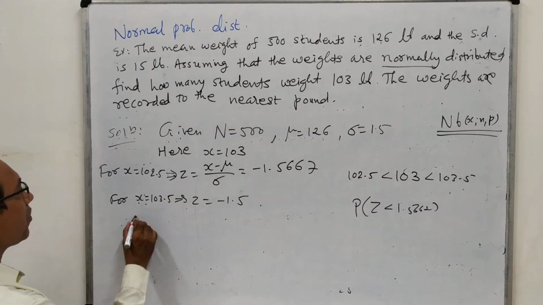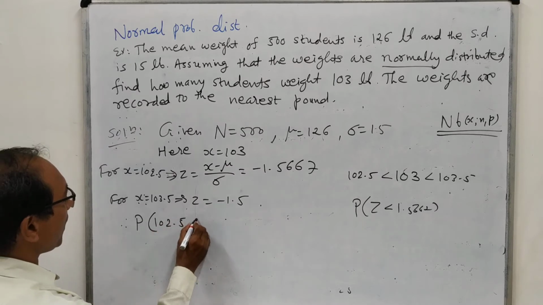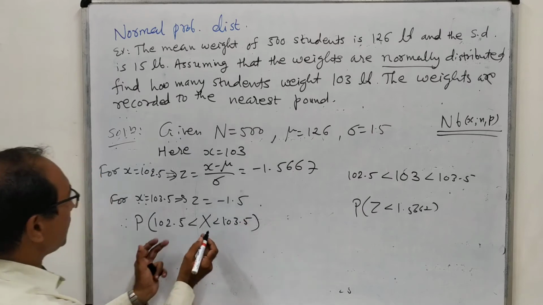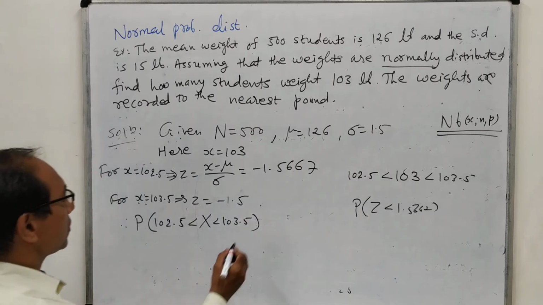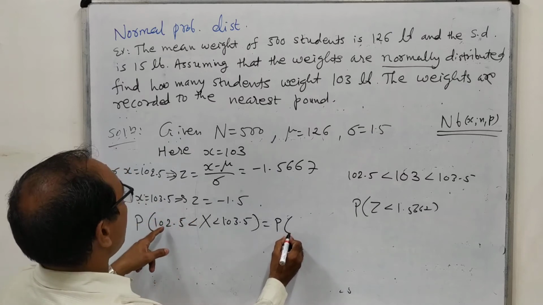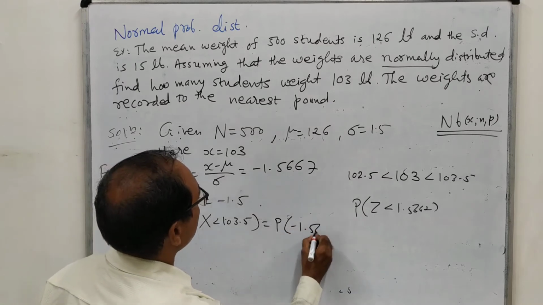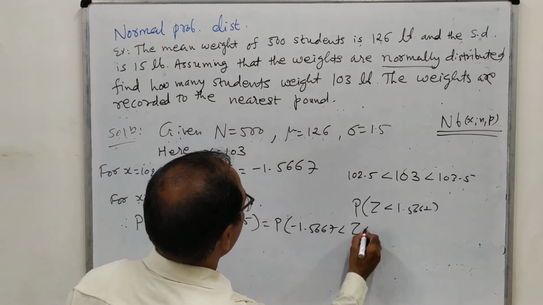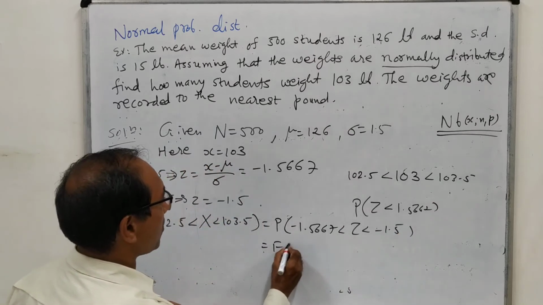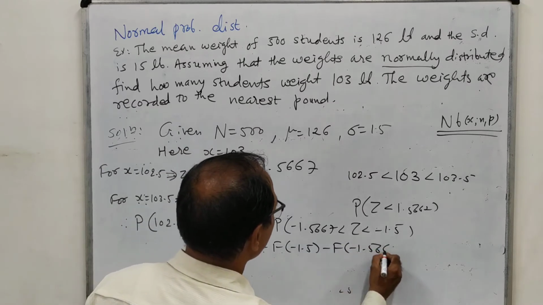So we want to find out the probability for 102.5 less than capital X less than 103.5. So 103 lies between these two. So this is nothing but the probability of, at 102.5, this is minus 1.5667 less than Z less than minus 1.5. So this is nothing but F of minus 1.5 minus F of minus 1.5667.